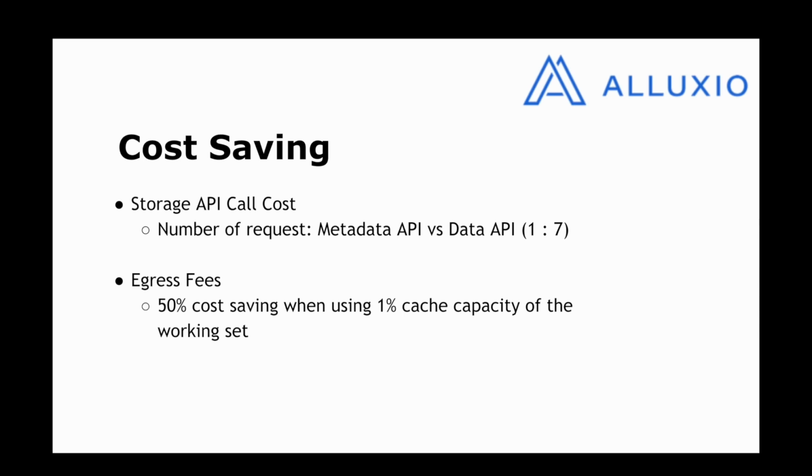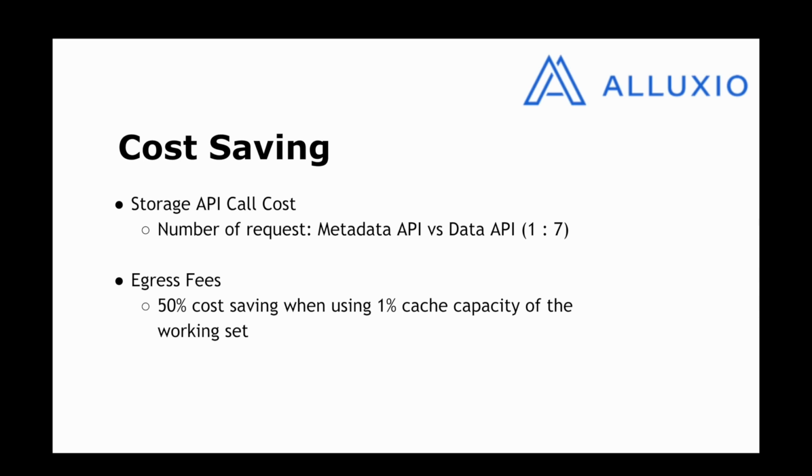So today I will share some of our observations about the other benefits of our local cache. The first benefit I would like to share is the cost saving part, because we are seeing more and more Presto users lift their Presto to the cloud, something like AWS, GCP. But when they are using Presto on the cloud, they might prefer to use the native cloud storage, something like S3 or GCS.